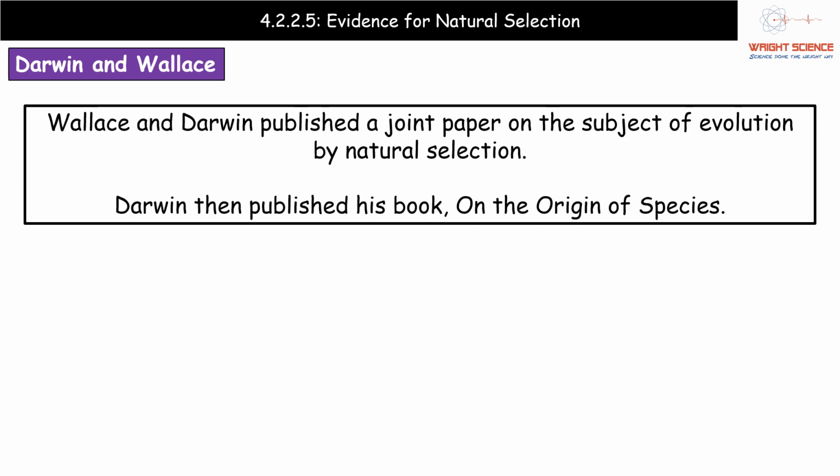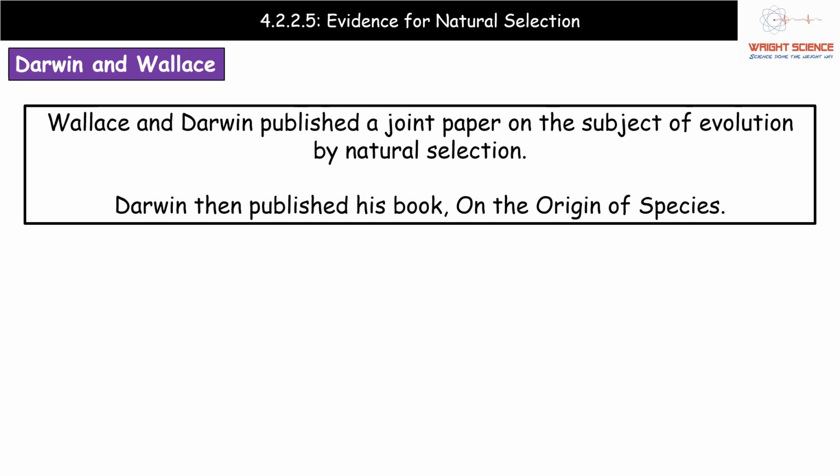What we actually found was that the pair of them found out that they were both basically working on this same idea, and so they shared notes to a certain extent, and because they were so similar in what they were saying, they decided to publish a joint paper on this subject of evolution by natural selection.